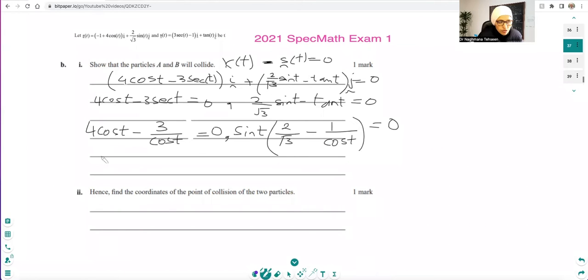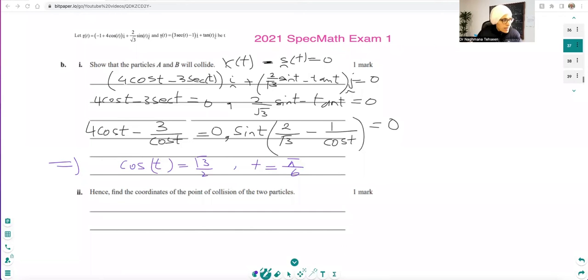They have cos of t equal to, if we do that, √3/2. And that means t is equal to what? Pi on 6, right? So t gives us pi on 6.